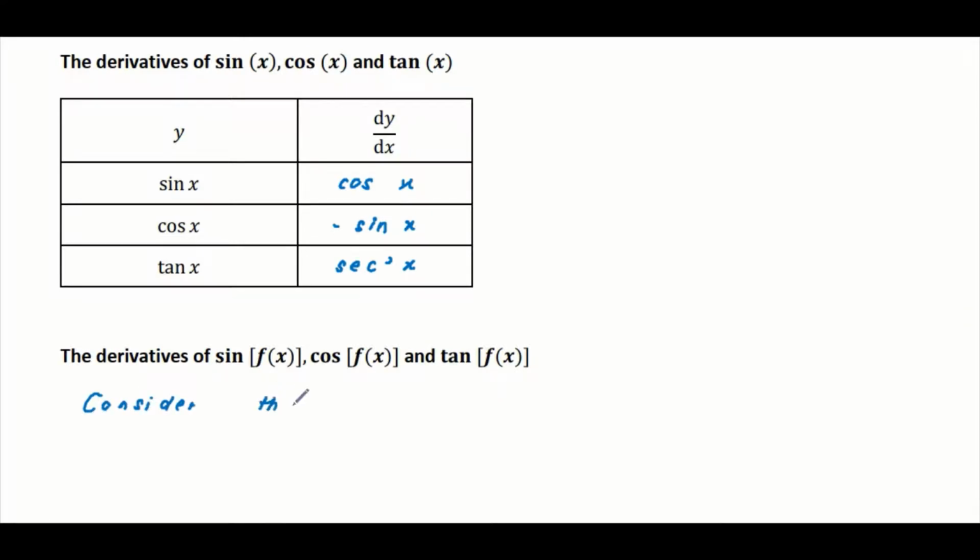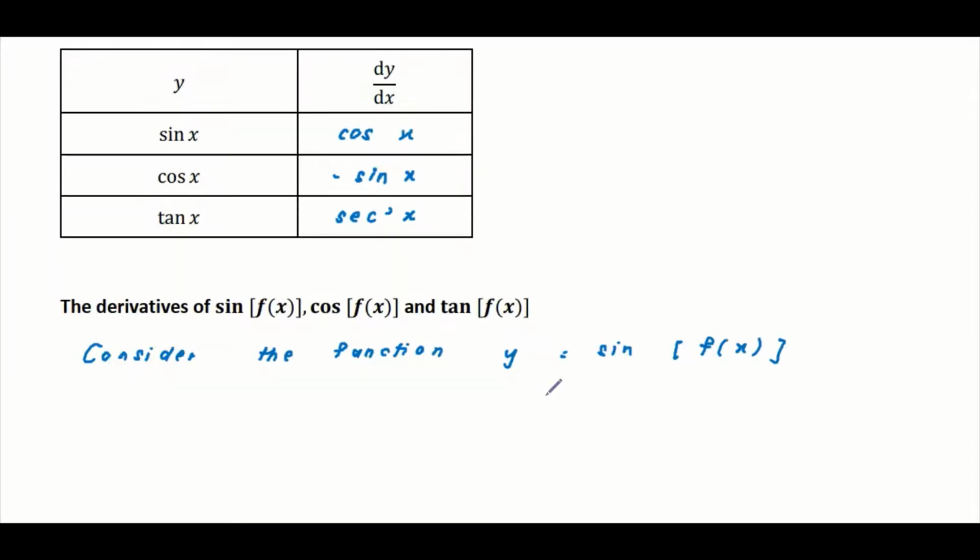So we consider the function y equal to sine f(x). We do the same thing: let y equal to sine u, meaning that u equals the function f of x.